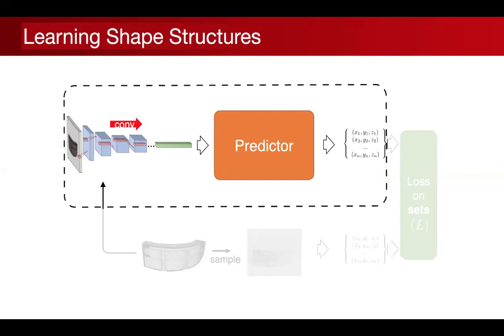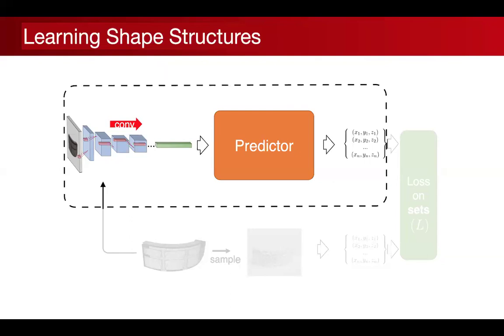And then there's one thing that we need to consider: we want to synthesize a shape from an image, and we want to learn shape structures. We've seen in the first part, for analysis, that those embeddings would learn some structures. But now we want to learn the structures from the relation between the image and the point sets.